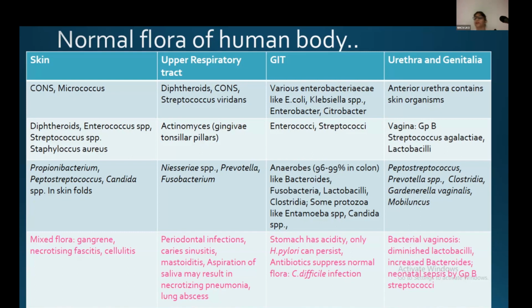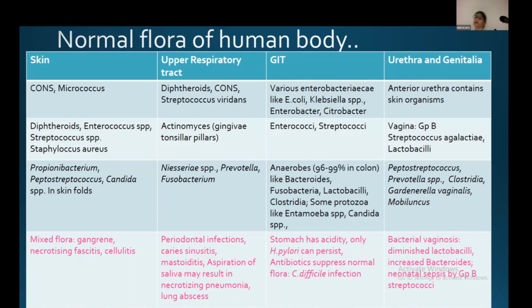Okay. Then GIT. In the GIT, the members of normal microbiota are members of the Enterobacteriaceae family, like Escherichia coli, Klebsiella species, Enterobacter, Citrobacter species. These are gram-negative bacteria. Other ones are Enterococci and Streptococci.